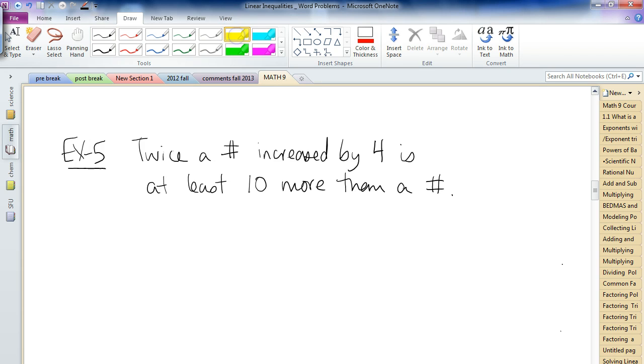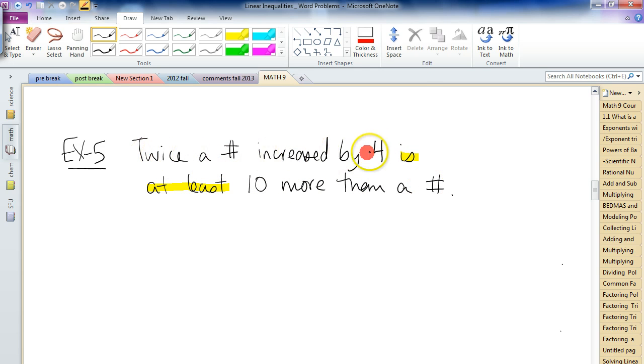The important thing with these questions, like the word problems I showed you before, is that "is" meant your equal sign. But this now is saying "is at least." Well, what does that mean, is at least? That means the one side, which they're talking about here, is equal to, or is at least, that means it's bigger than the other side.